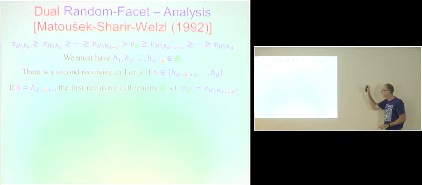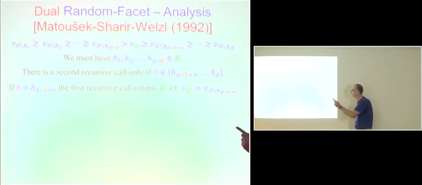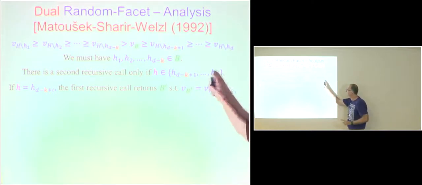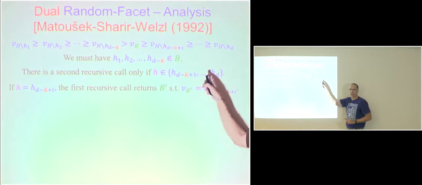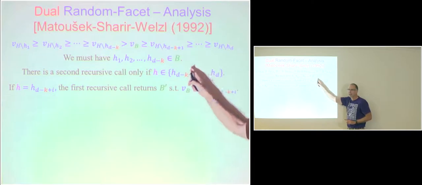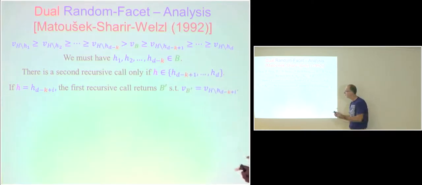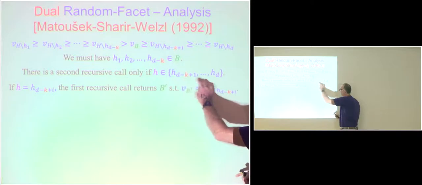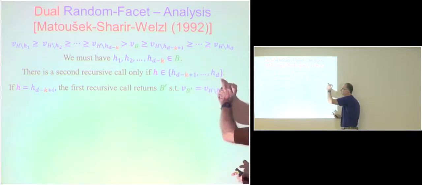Here's the punchline. I hope I'll be able to explain it clearly. The only case in which we have a second recursive call is if h is an item of this set. If it is an item of this set, it's a random item of this set. Now let's see what happens if we choose the i-th inequality among this set. This is a set of size k.